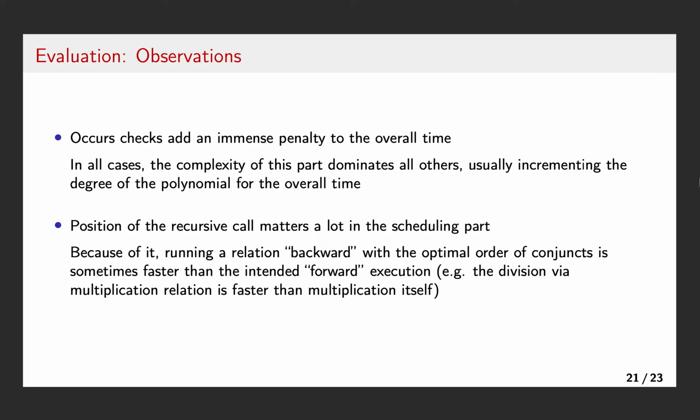And the second observation is that the position of the recursive call makes a huge difference for scheduling time. Because of it, we can see some surprising behavior, like the fact that sometimes running a relation backward is faster than running it forward, as intended.